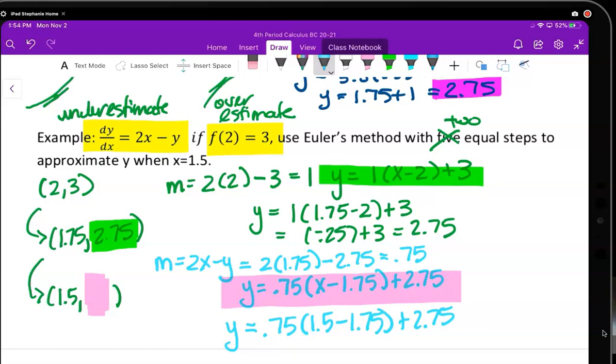I'm multiplying that with my calculator. Whoops, I messed up. 0.75 times negative 0.25 plus 2.75. And on that, I got y is equal to 2.5625. I'm just going to cut that off at 3 decimal places because that's what we normally do.